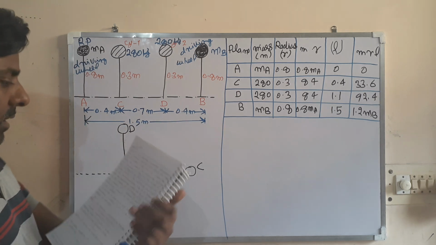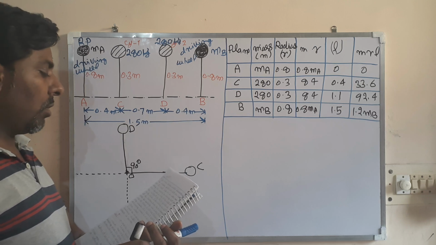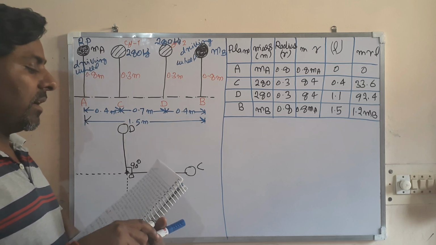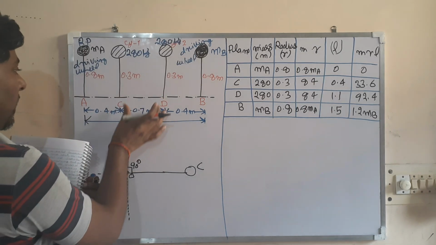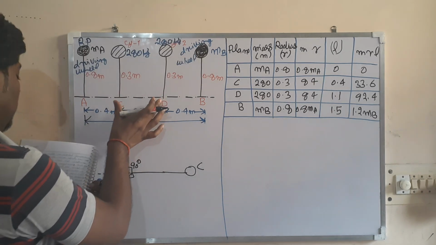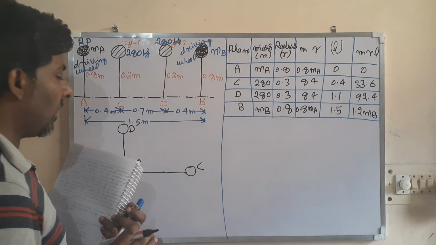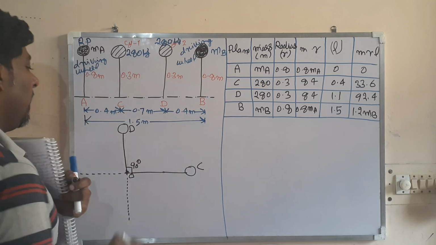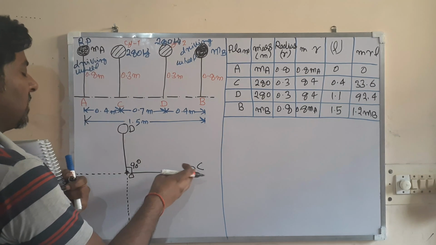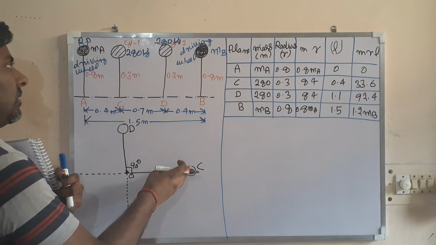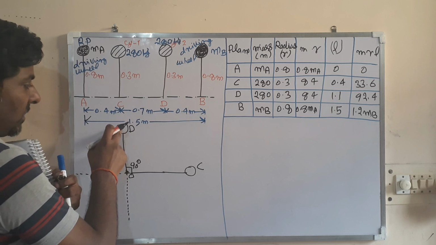Now let us read the question. A two-cylinder uncoupled locomotive has inside cylinders 70 centimeter apart. So the distance between the two cylinders is 70 centimeter, that is 0.7 meter. The cranks are at right angle. If the crank of cylinder 1, that is C, is along the positive x-axis, then the crank of cylinder 2, D, will be at 90 degrees, along the positive y direction.